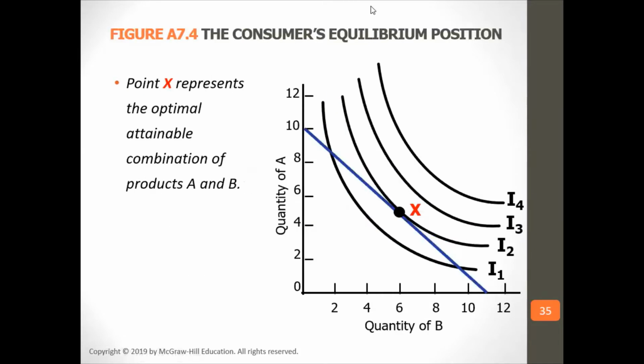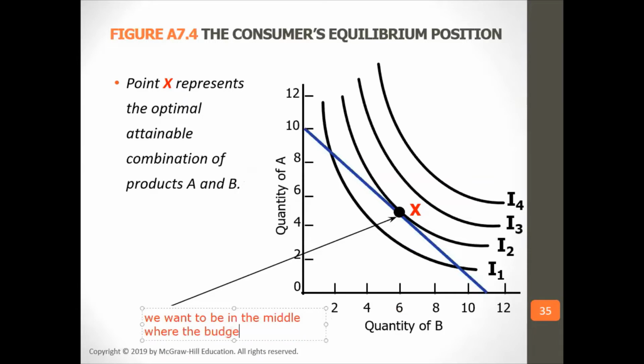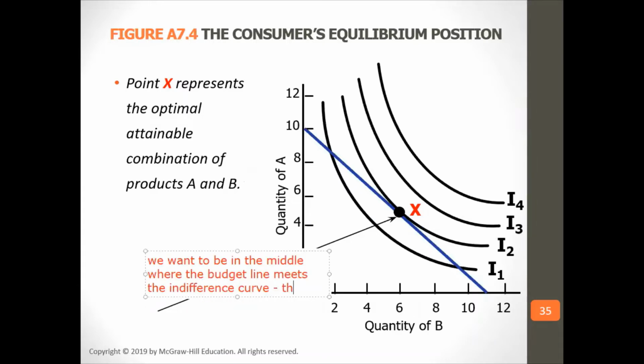So right here, this is the most efficient part. We want to be in the middle where the budget line meets the indifference curve. This place is where we have equality and efficiency.